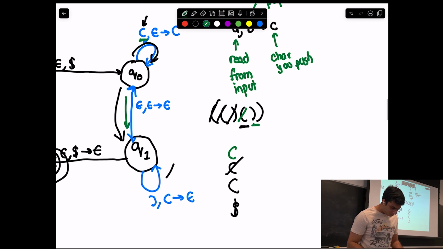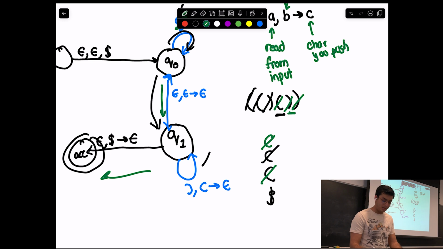Did I screw up? No, I think it's fine. Oh yeah, I consume this. I pop an open parenthesis off the stack, push nothing. Then same thing, same transition. I sort of lost track of what I was doing when I got the notification. Same thing. I pop the dollar sign off of the stack and then I end up in an accepting state.